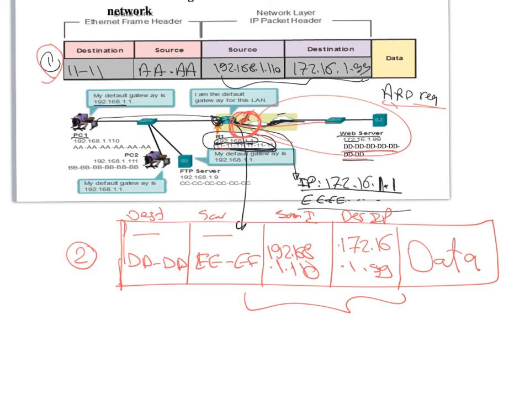So only in the ARP request, I need to use the default gateway IP address. Once I know the physical address of the default gateway, now I need to send the actual data. In the actual data, I keep the IP address as the IP address of the web server. It does not change. Clear?